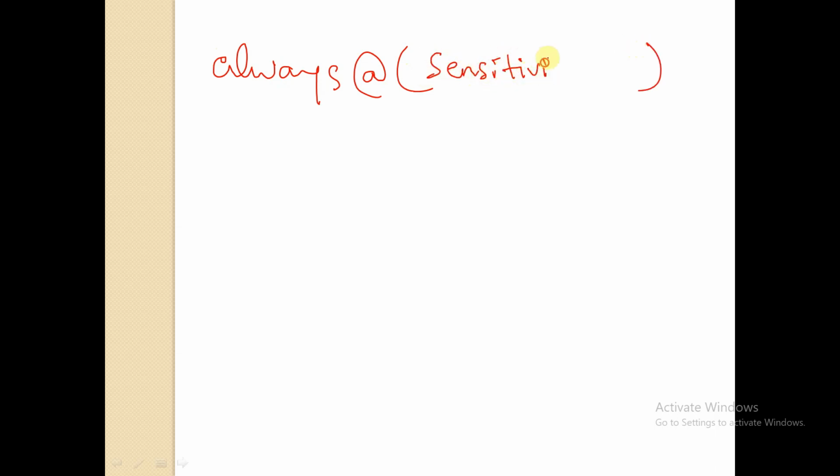The sensitivity list can be a variable, it can be an edge trigger or anything. Any change in this will trigger the always block.